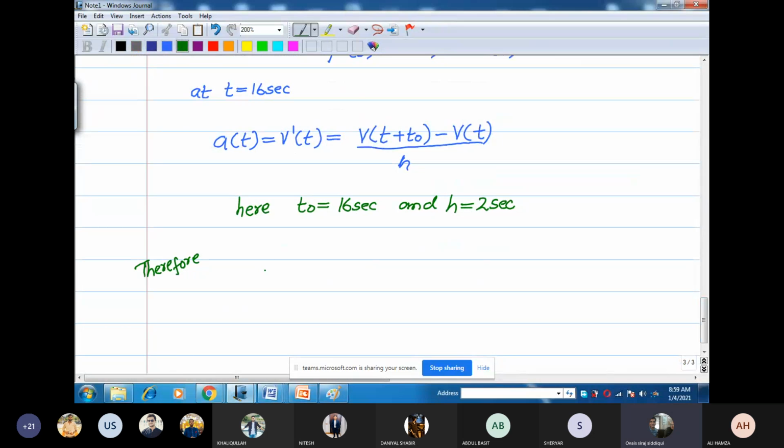Therefore, acceleration at 16 will be equal to v of 16 plus 2, यूं इसको यूं लिख लो, t naught plus h, and t naught is 16 plus 2, that is 18, v of 18 minus v of 16 over 2.